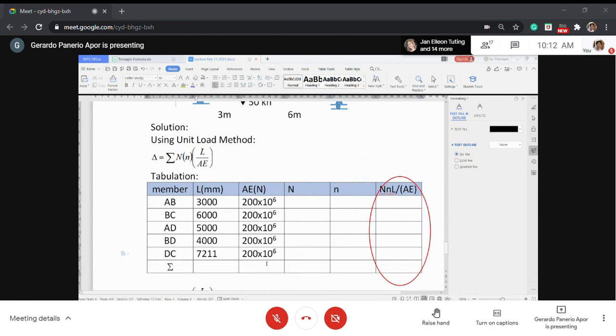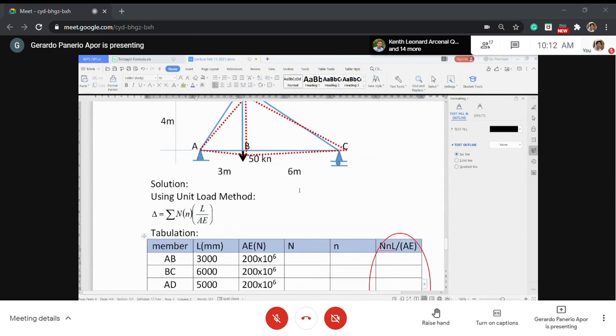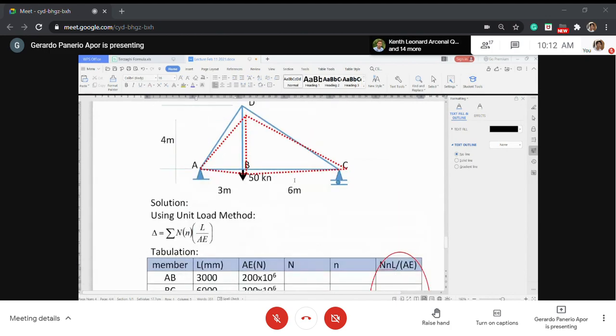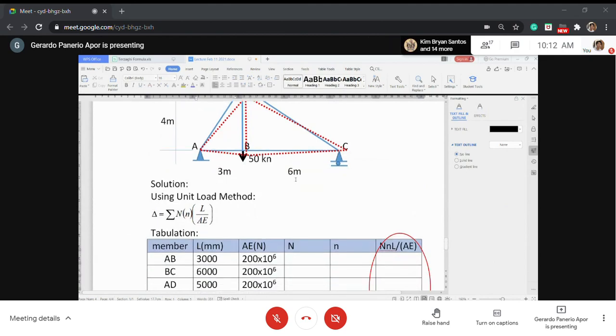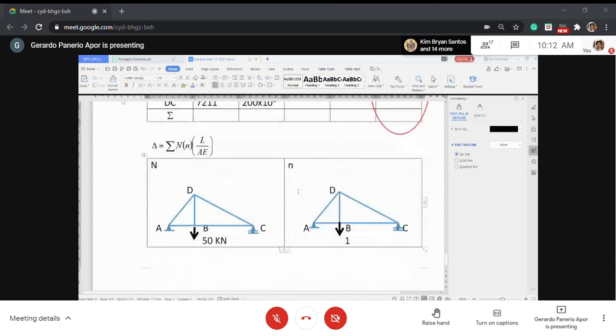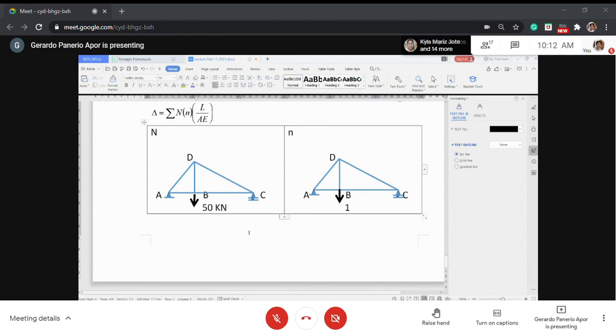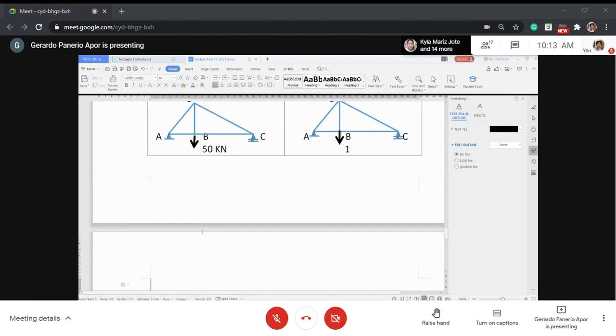As for the N, well, okay. So we will compute, no? Calculate member forces due to 50 kN load.